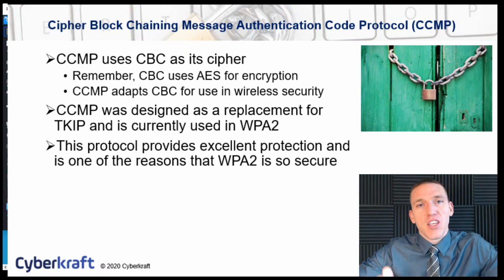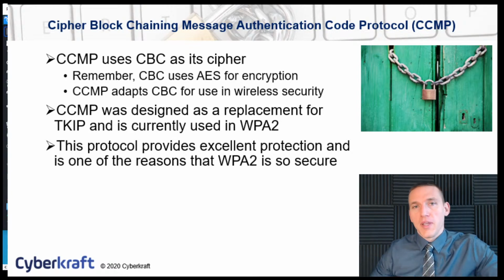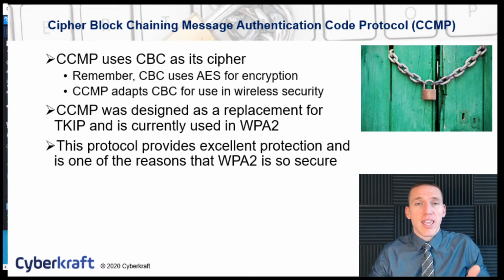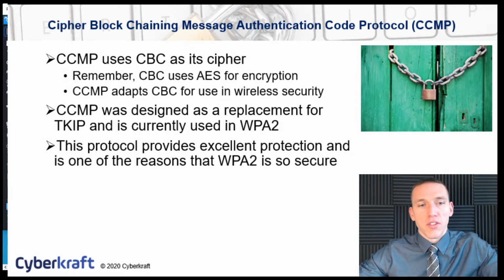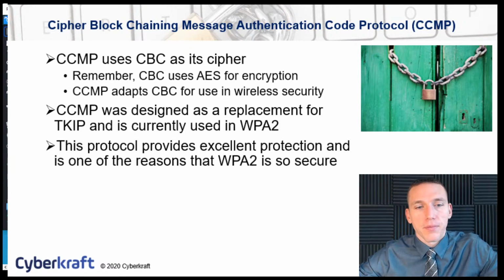CCMP uses AES, the Advanced Encryption Standard. AES is a very strong encryption standard, which makes CCMP and WPA2 very secure methods of securing wireless communication. The strength of CCMP and AES is one of the reasons why WPA2 is so successful and seen as such a strong wireless standard.